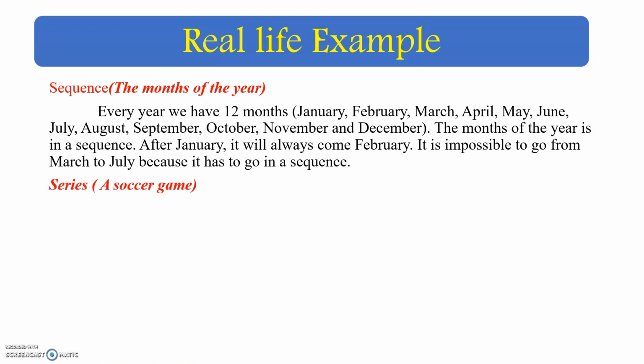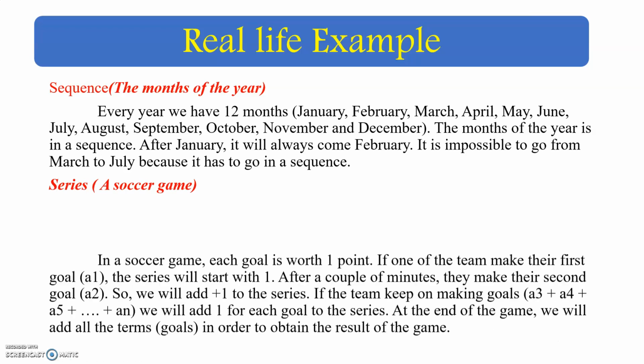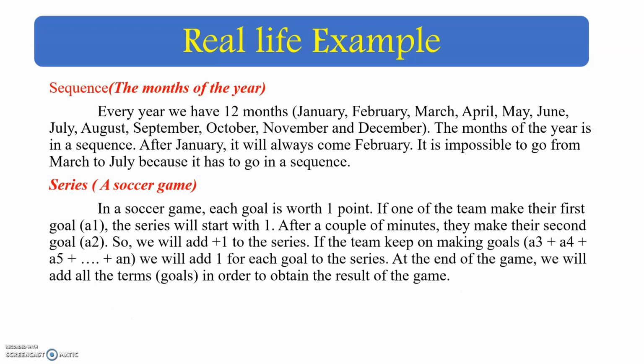Next, series. Consider a soccer game. In a soccer game, each goal is worth 1 point. If one of the teams makes their first goal, call it A1, the series will start with 1. After a couple of minutes, they make their second goal, A2. They name each goal A1, A2, up to n.